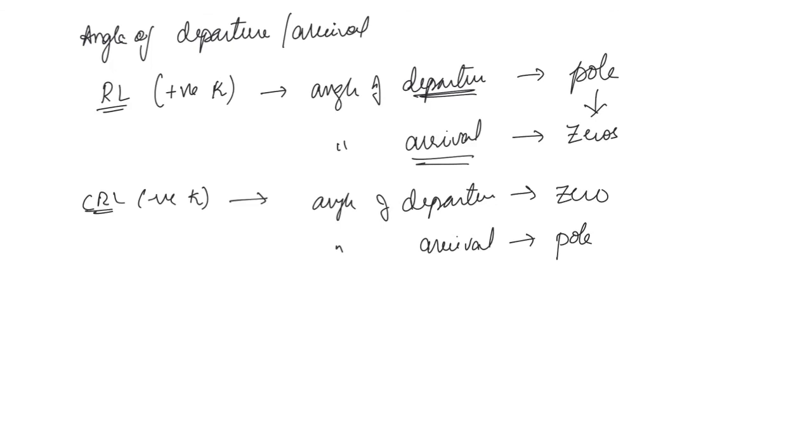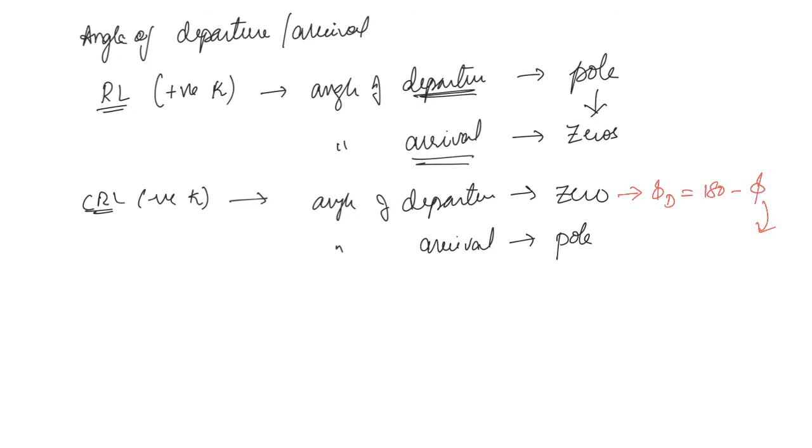Now what is this angle of departure expression? It will be phi_d equal to 180 minus phi. What is phi? It is the net angle contribution at that zero from all other open loop poles and zeros.